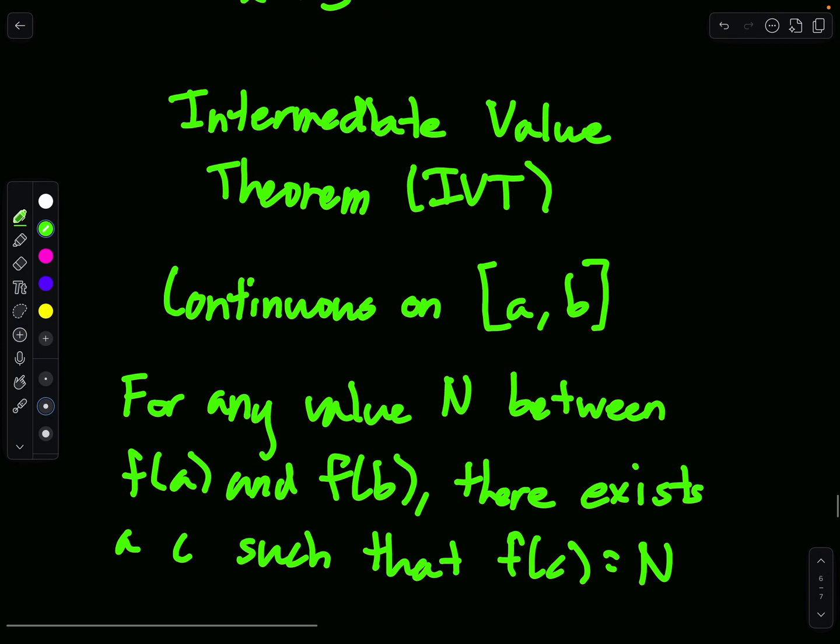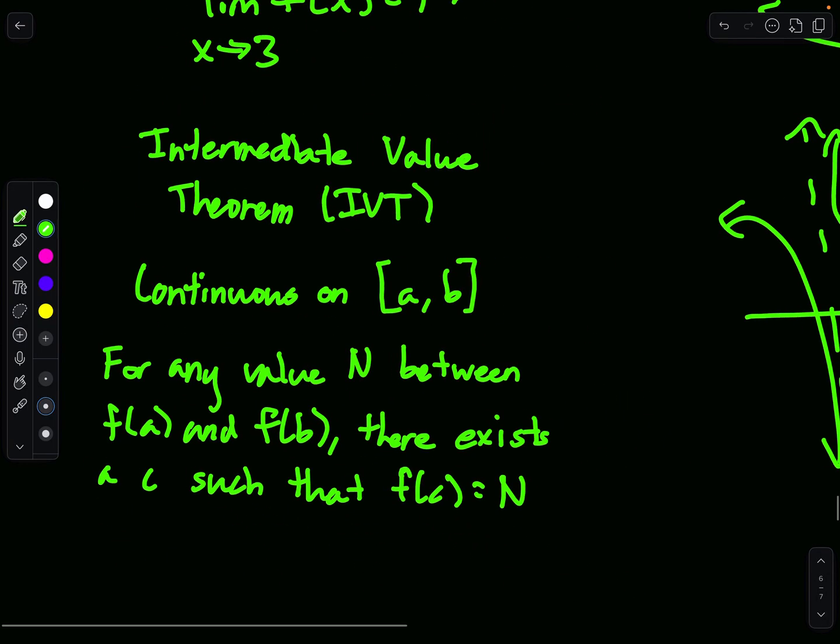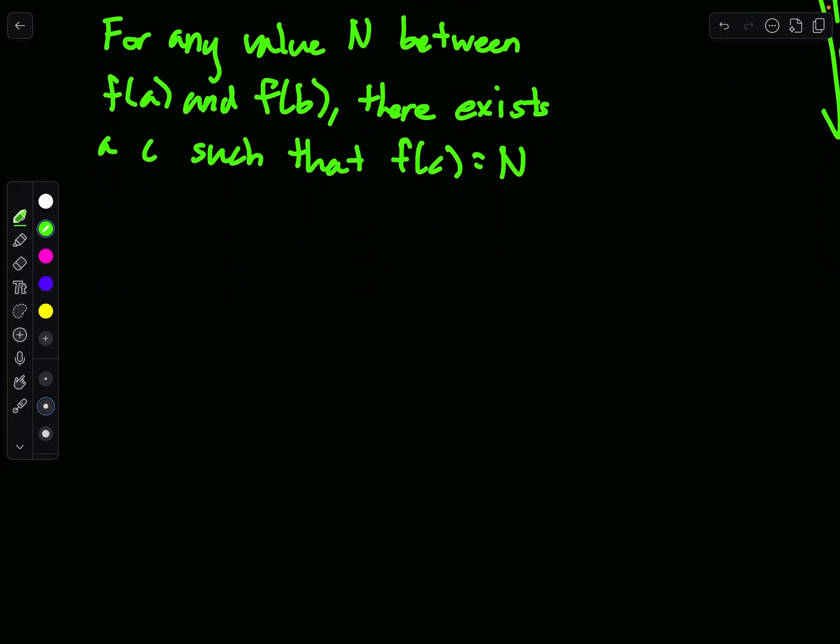Now what is this actually saying? This means that if a function is continuous on that closed interval, then it takes on every value between f(a) and f(b). So if you were to walk continuously from one height to another, you must pass through every height in between.